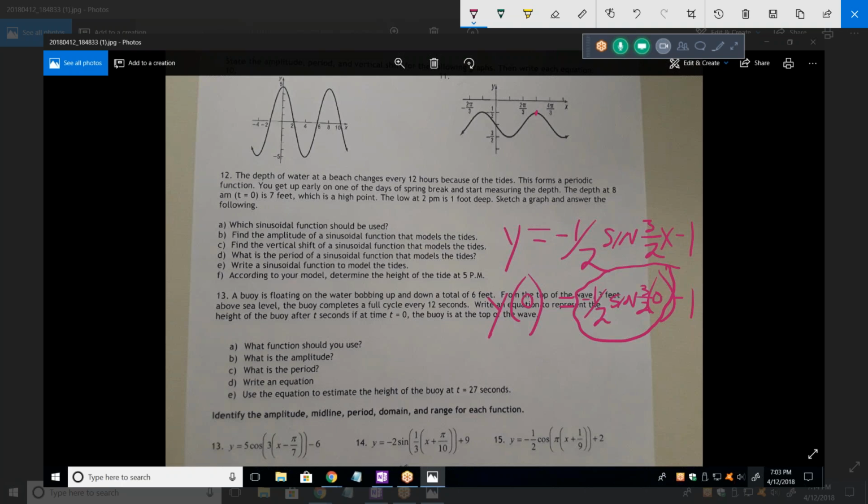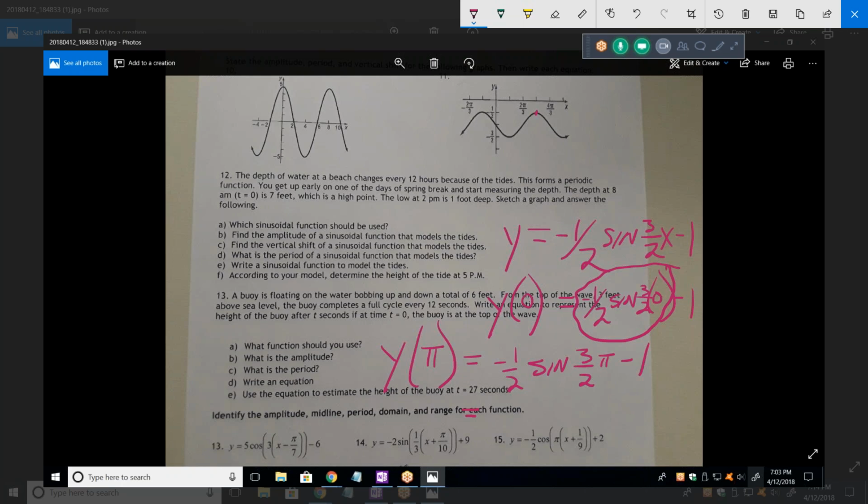Okay, so now let's figure out what y of pi is. Well, it's -1/2 times the sine of 3/2 pi minus 1, correct? Yeah. See what it needs to be. This whole thing better come out to be -1/2 or we do not have the correct equation.